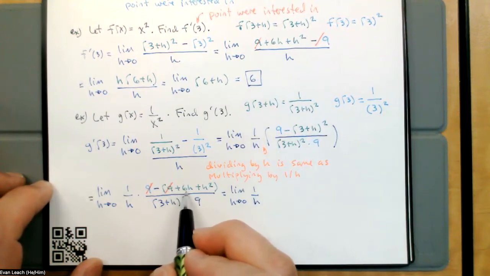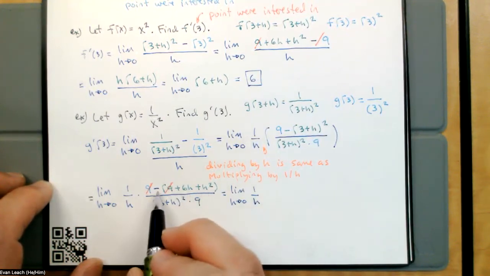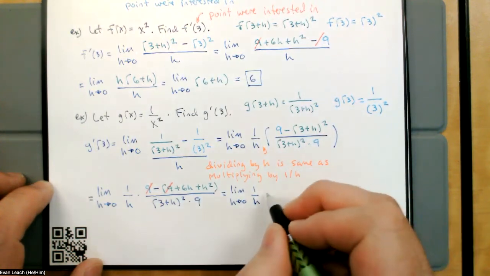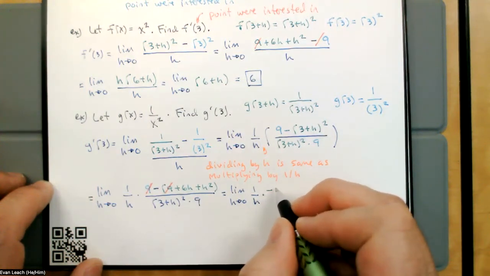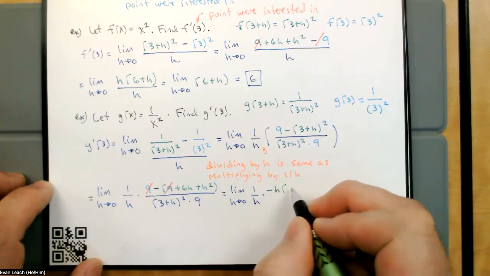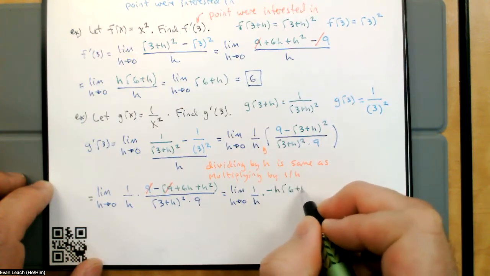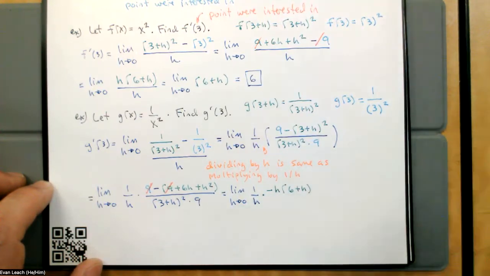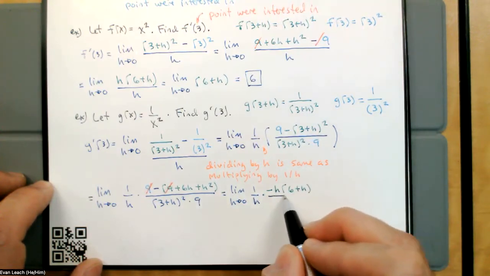That leaves 6h plus h squared times -1. And I'm going to factor out an h. The denominator, I'm going to keep leaving alone.